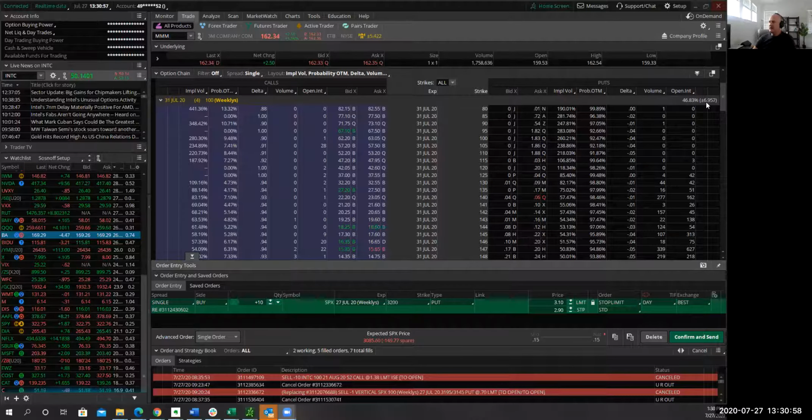It's plus or minus almost $7. Can you see my mouse? Yeah. Okay. Plus or minus almost, it's 6.957. So essentially it's $7. So it's expected to move 4.6% one way or the other on earnings.